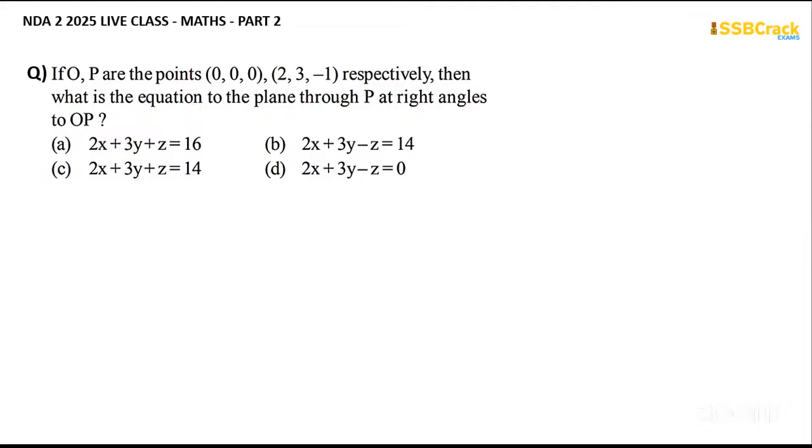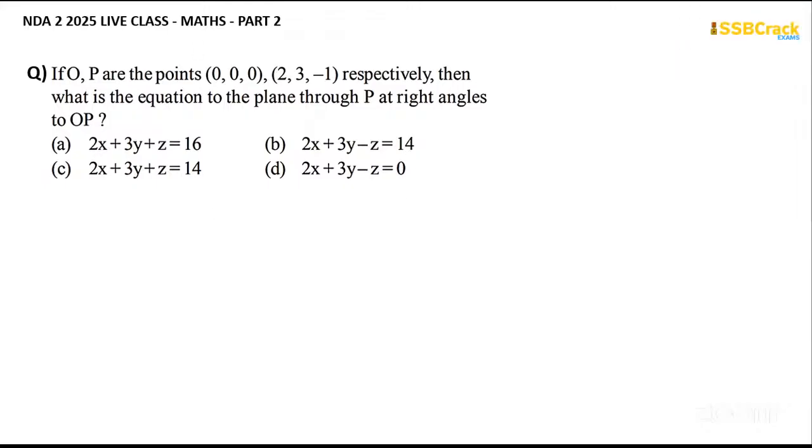Okay, so we have 2 points O and P, and it is asking for the equation of that plane which passes through P but makes a right angle with OP. Okay, so what we will do? Let's start.